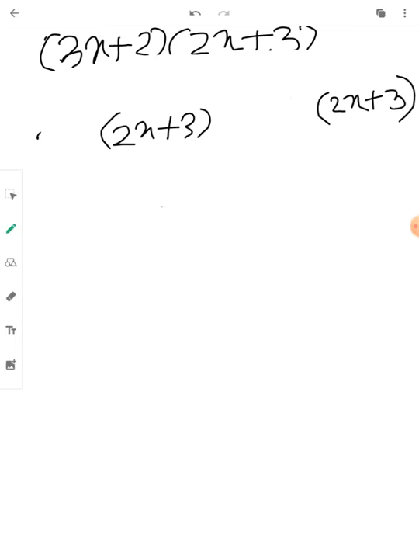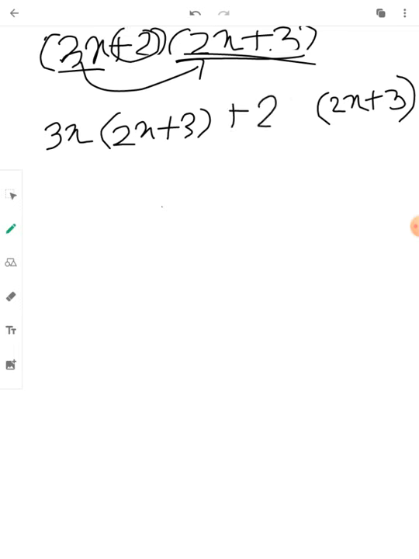Okay, so now you are going to multiply this one by this and this. So first let's multiply 2x plus 3 by 3x. That's 3x, and don't forget to write this plus 2 over here.